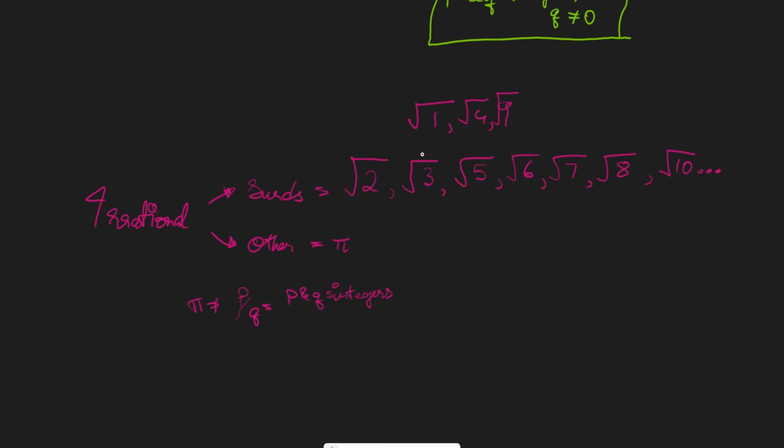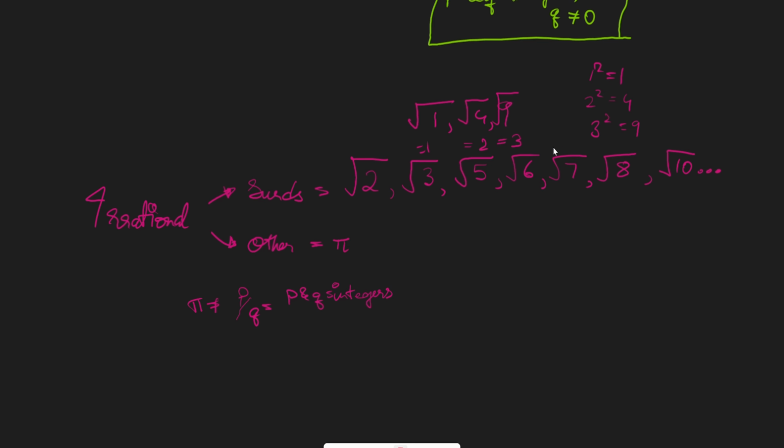This is because root of 1 is 1, root of 4 is 2, and root of 9 is 3. How do we know this? Because 1 square is 1, 2 square is 4, 3 square is 9.